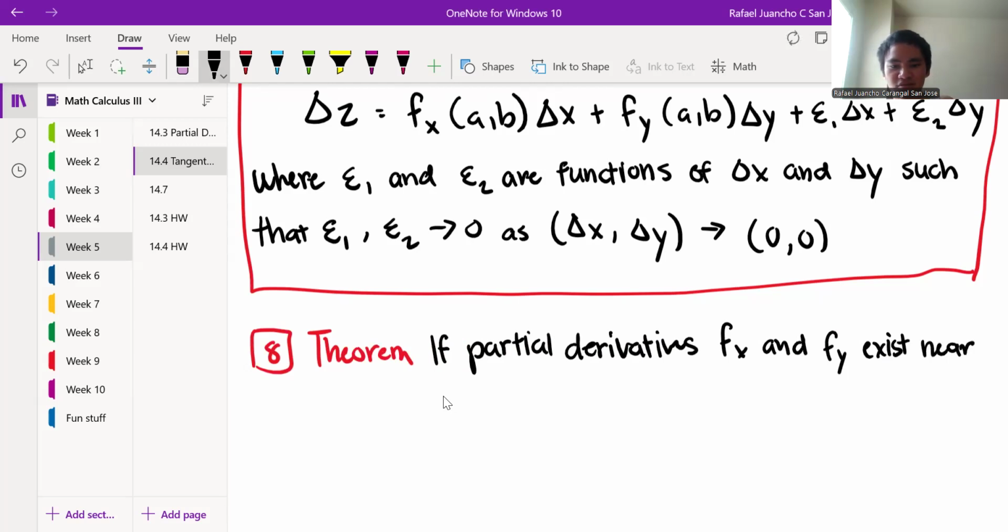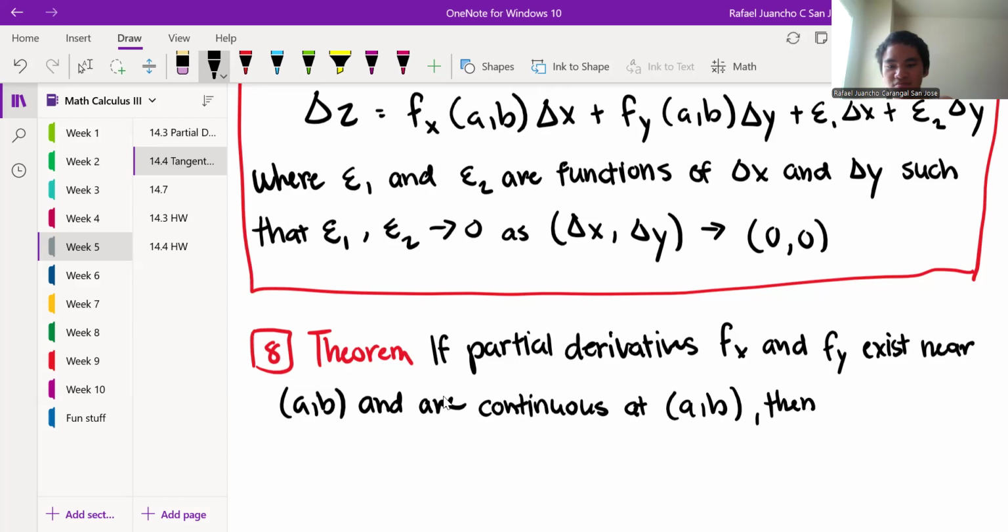And they exist near these points a, b, and let's say they are continuous at that point, well then it's differentiable.